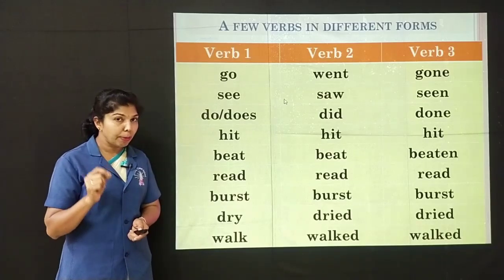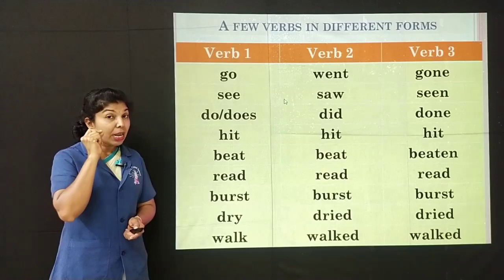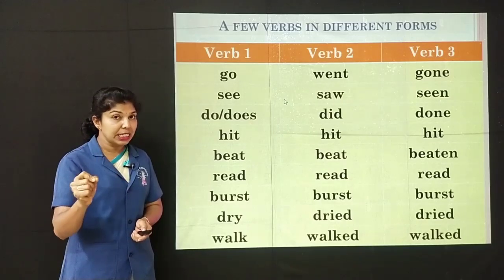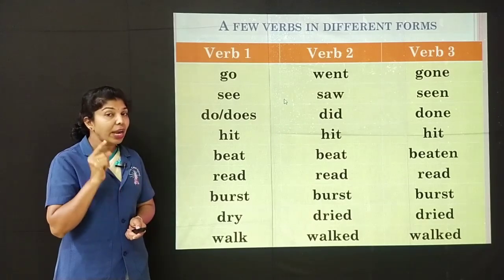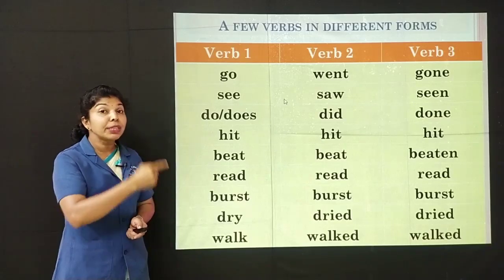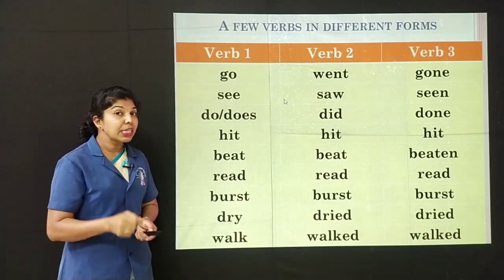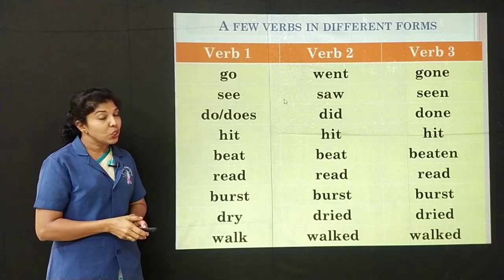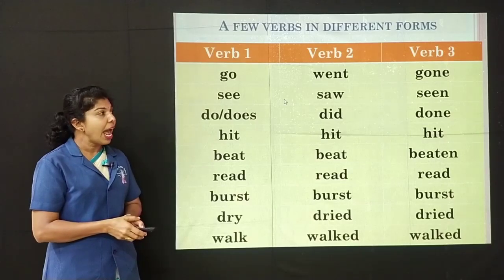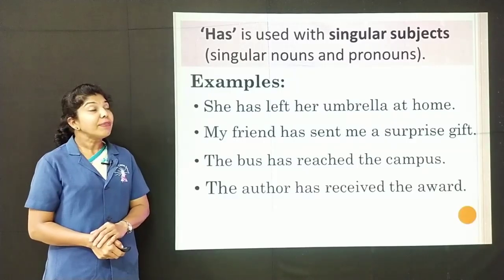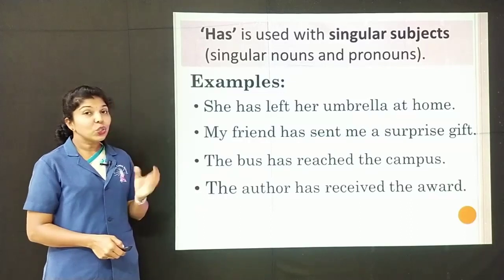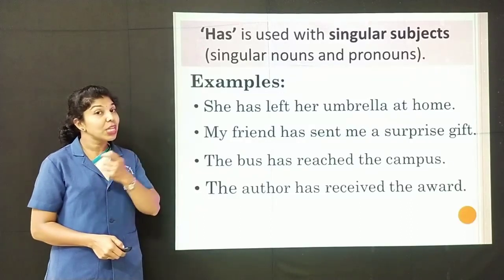So, what you need to remember is, in present perfect tense with has or have, we use the verb 3rd form. Past participle form of the verb is used with has or have. Now let us understand when to use has and when to use have.